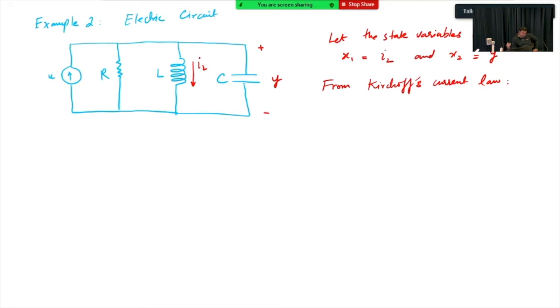But just to give you an introduction of how people enter the state space world, we are looking at this type of derivation.